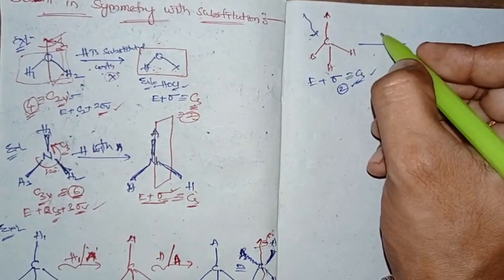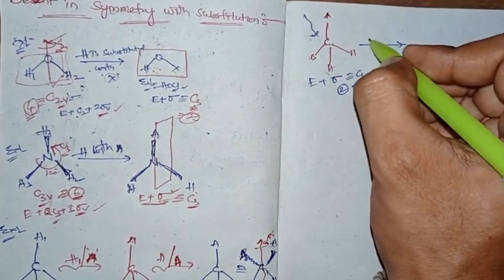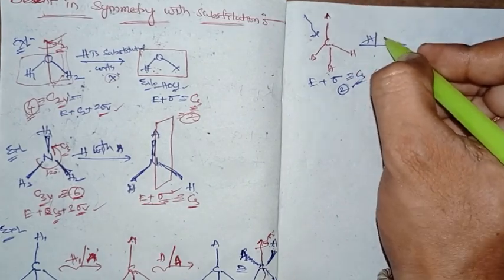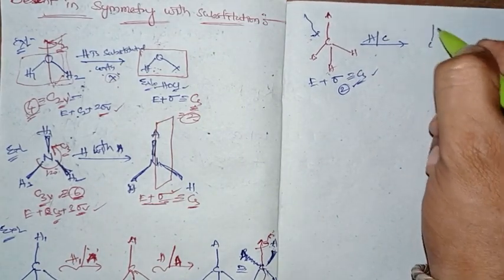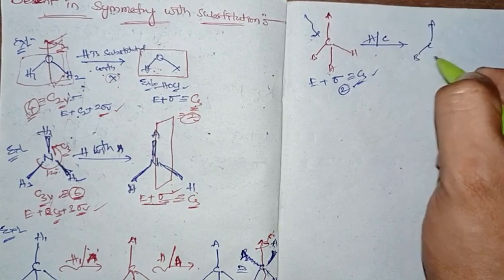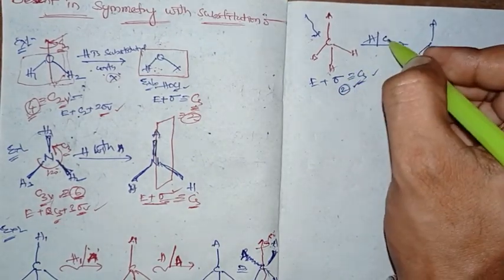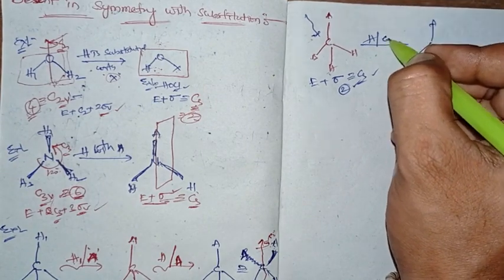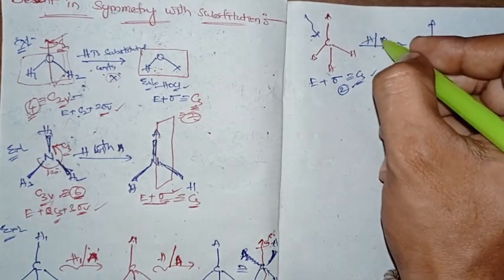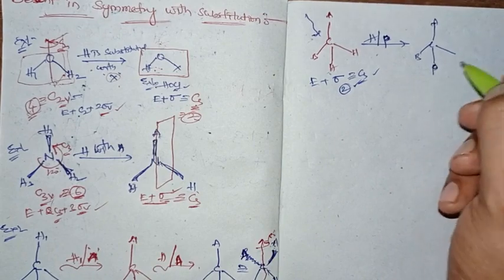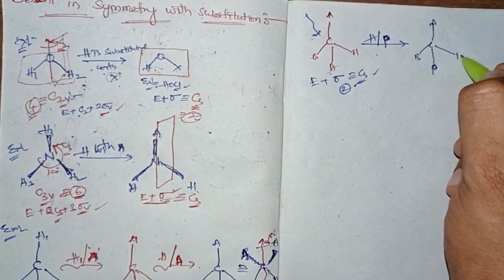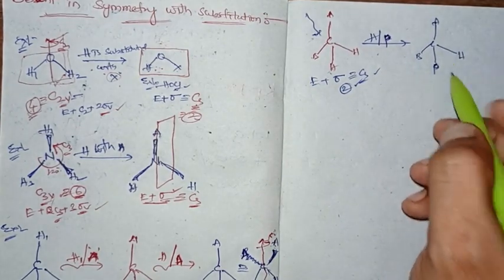Further, when we make more substitution, again hydrogen substitution by C, carbon with A, B, C, the CC may get reflected. Here we take P, and there is hydrogen as well.